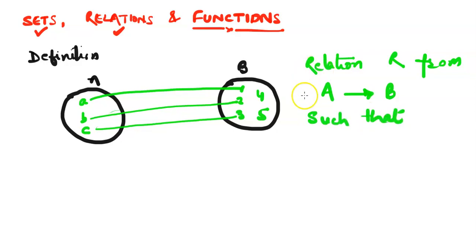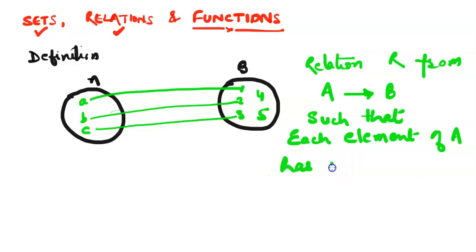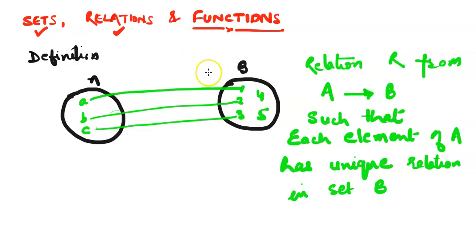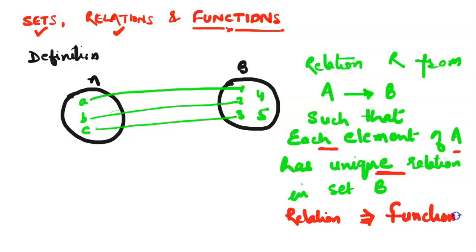such that each element of A has a unique relation in set B. So two things: every element of A has a unique relation in set B, and such relations are called functions.